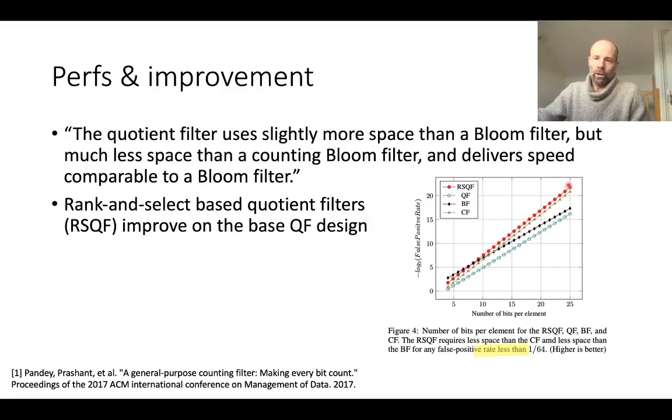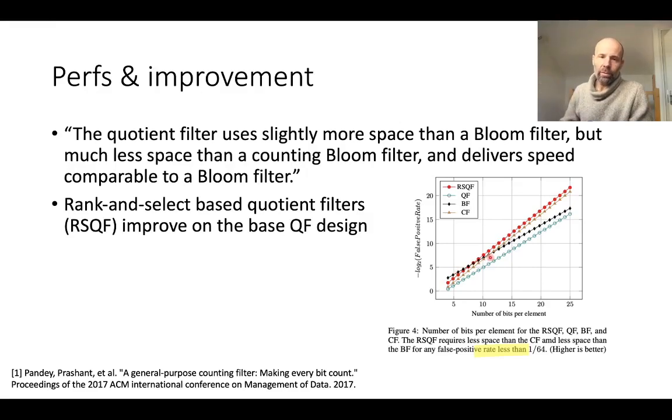However, hopefully, the rank and select quotient filter has better performances than the quotient filter itself, and if we have enough bits per element, the rank and select quotient filter becomes better in terms of false positives than the Bloom filter itself.